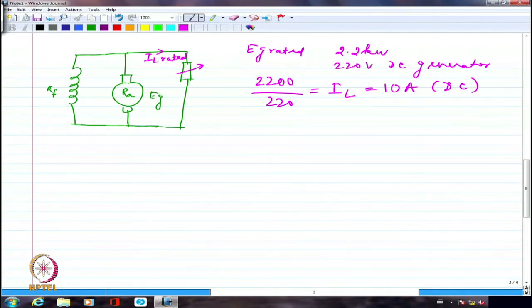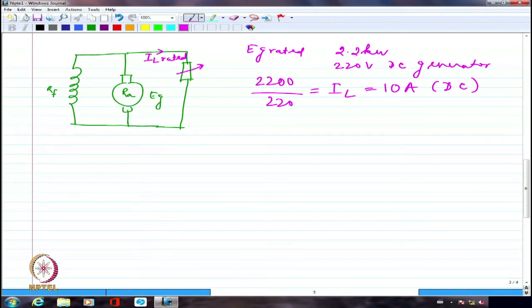Even if I assume that RA is 0.1 ohm, very, very small, still I am going to have at least 1 volt drop as IA-RA drop. So what originally the machine would have generated would have been maybe 221 volts, out of which 1 volt is dropped and I am getting 220 as the terminal voltage.